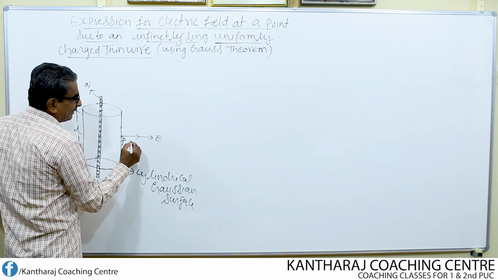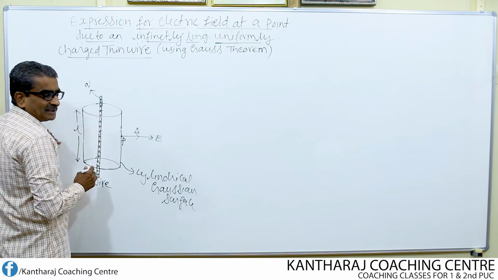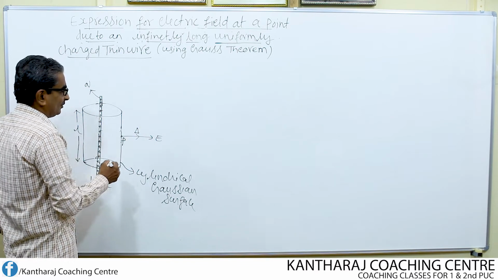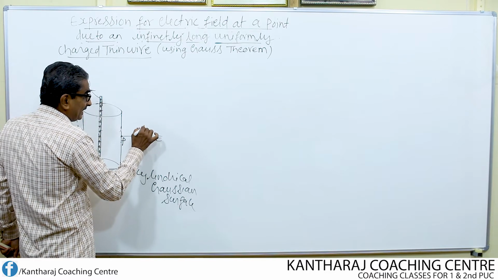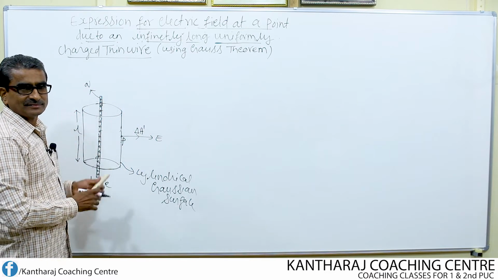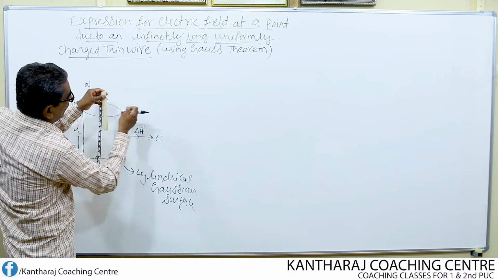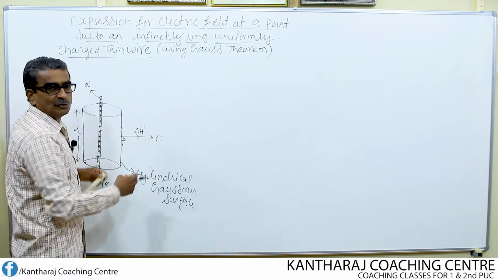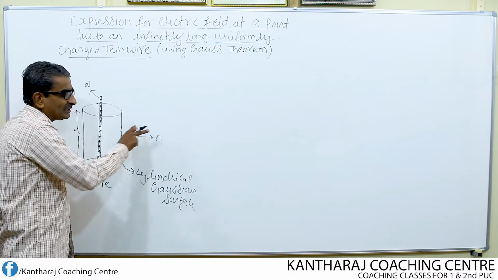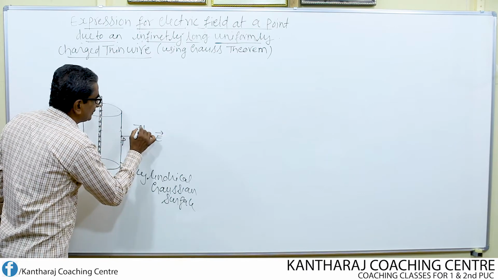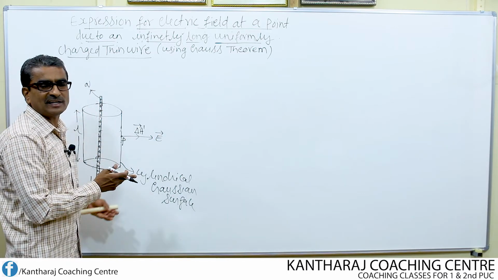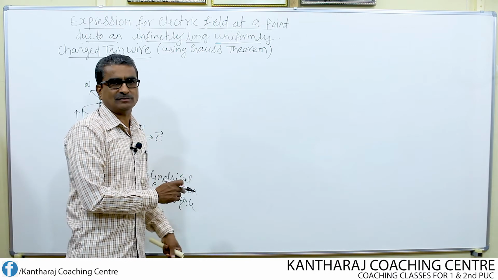Let us draw one area vector also. I call this area vector delta A dash, because this is the surface area. To this entire surface area, I have drawn the area vector in the outward direction. That means all along the direction of electric field. Delta A dash, or else I can consider delta S also.